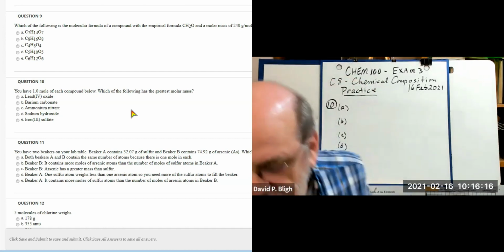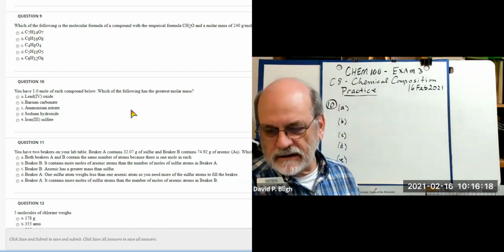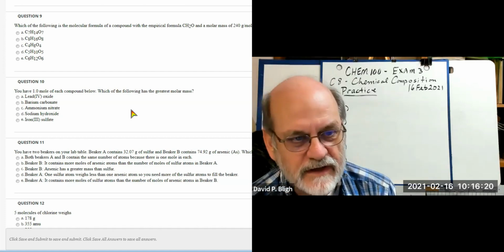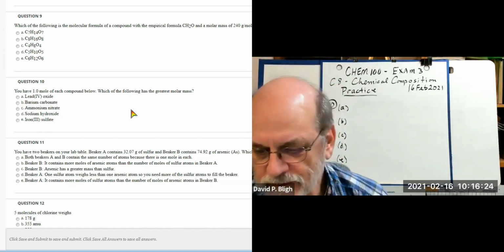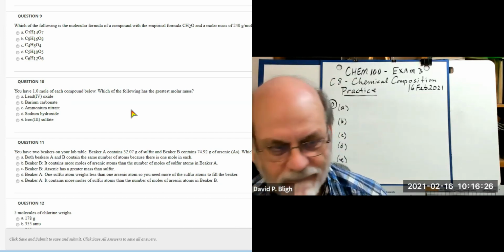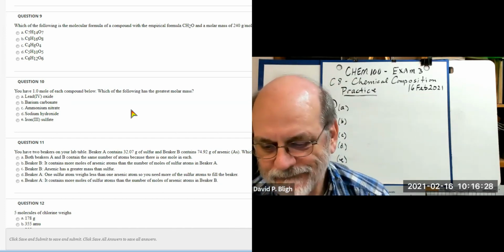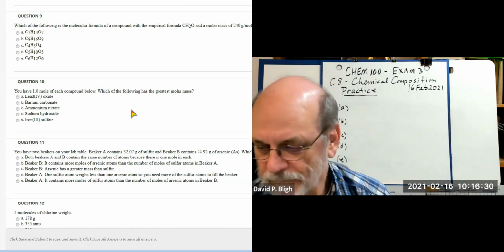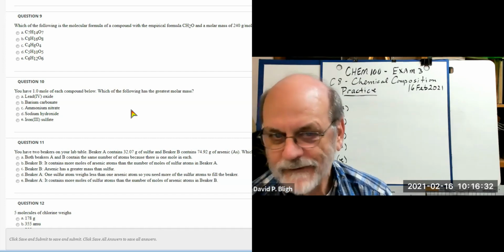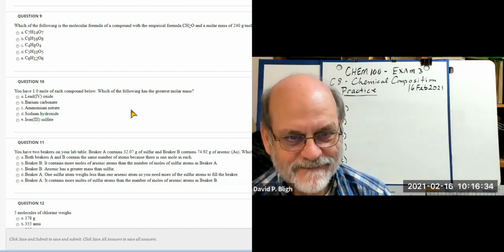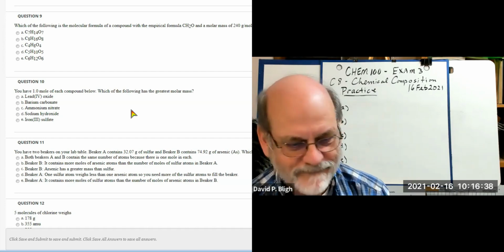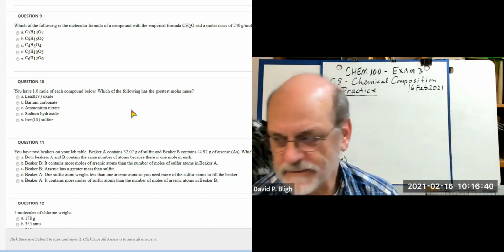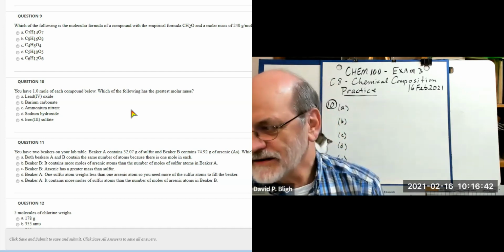All right, what's the verdict? Which one of these compounds has the greatest molar mass? No guesses? Did we stump the band this time?